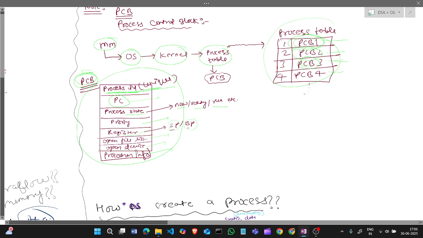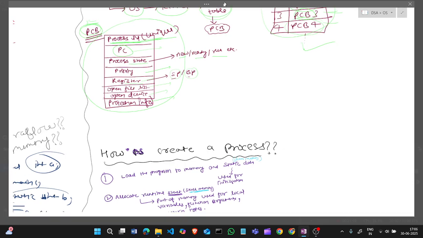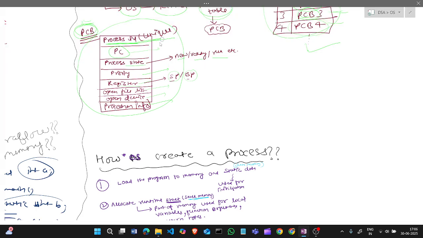So the PCB is stored in main memory, specifically inside the operating system kernel, in the process table. So this is all about the PCB, which stores the current status of a process.